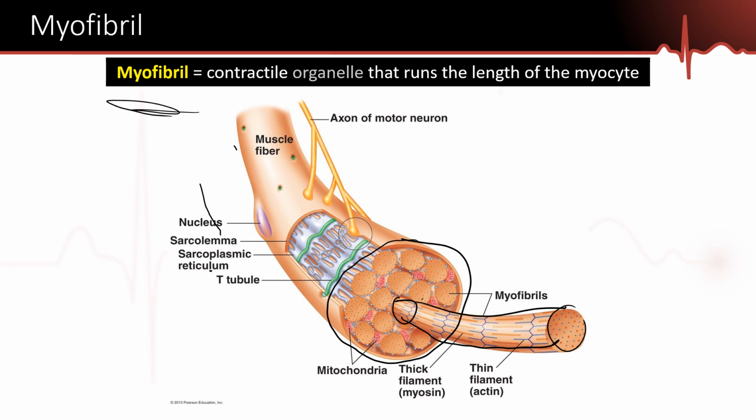If you look at a muscle fiber, specifically, just to remind you, we're focusing on skeletal muscle right now. So if you take a look at a skeletal muscle fiber, a muscle fiber inside of a whole skeletal muscle, you'll find out that 80 to 90% of its cytoplasm is taken up by these cylinder-shaped structures called myofibrils.